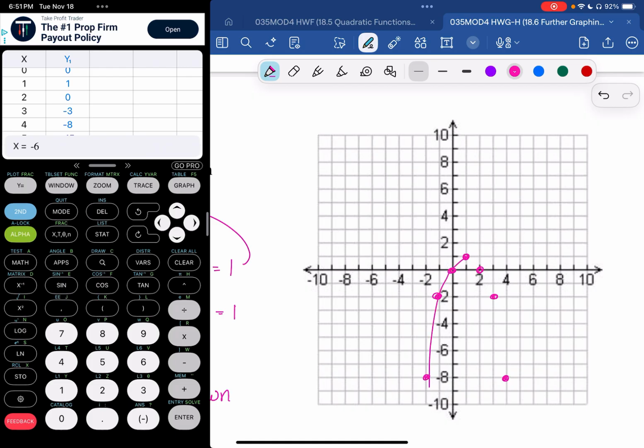Oh, that did not work out well. Let's try that one more time. That's a little bit better. Sometimes these are hard to graph. And that is graphing quadratics.